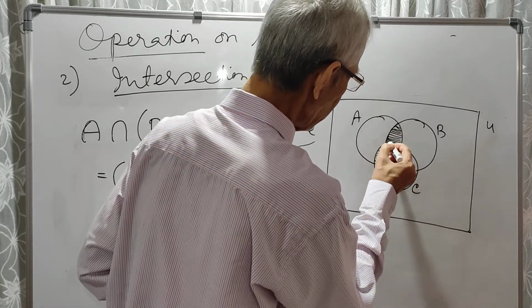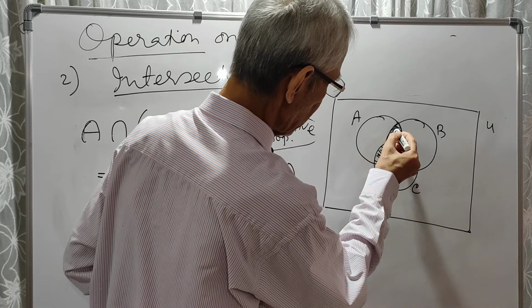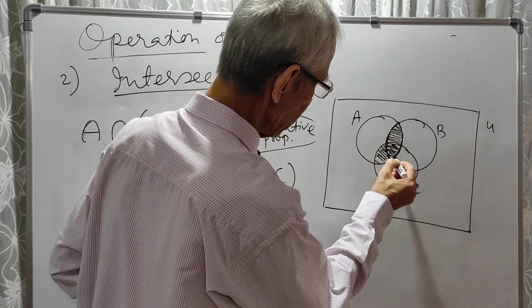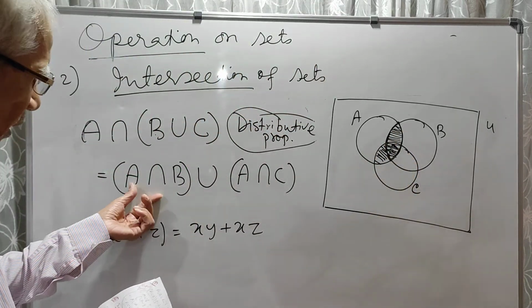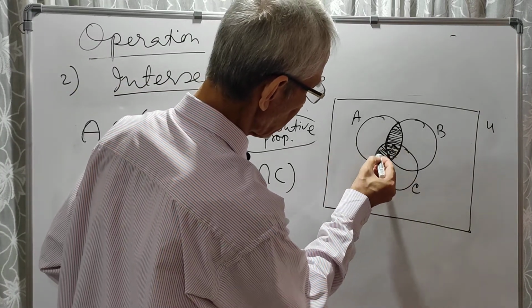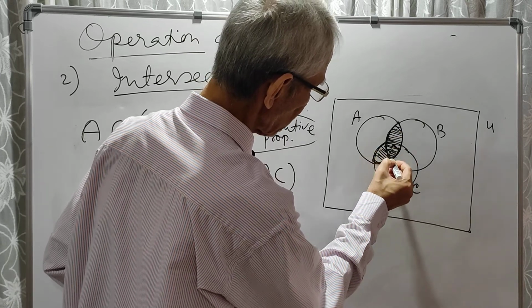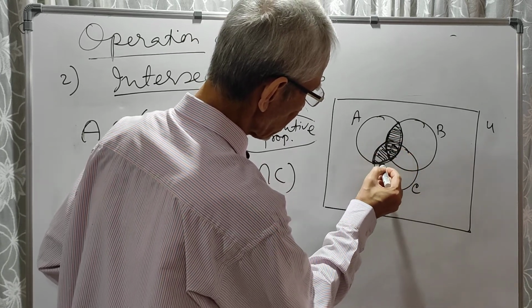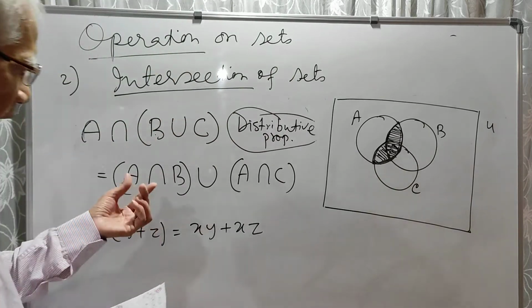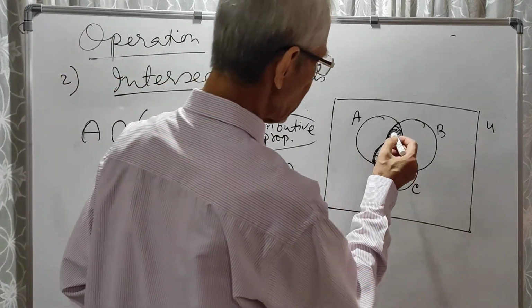So A intersection B is this region. You see, I am drawing like this. Then A intersection C is this region. A and C, which region? This region. Now A intersection B and A intersection C, union means together. Now together these two regions will be this whole region.